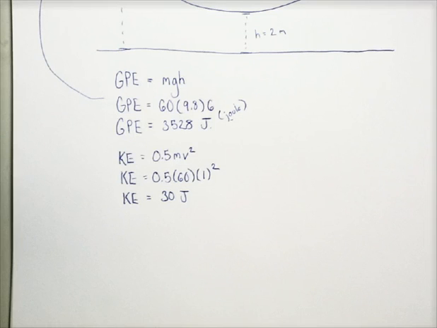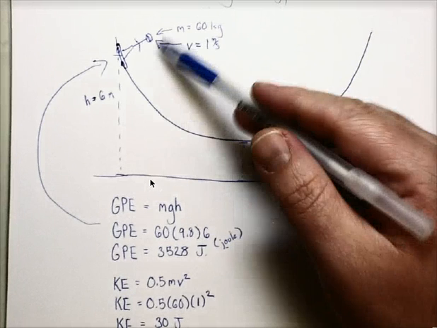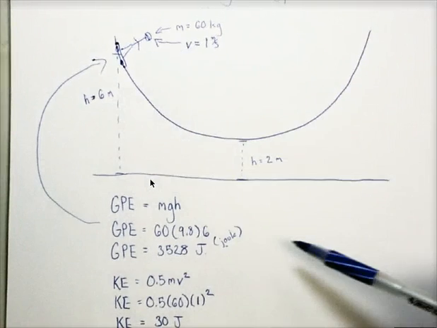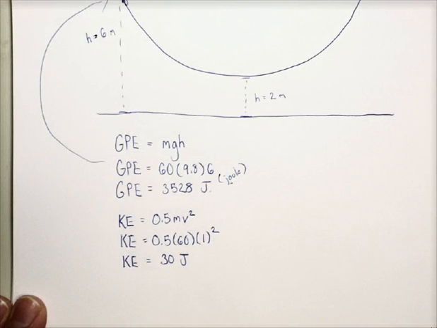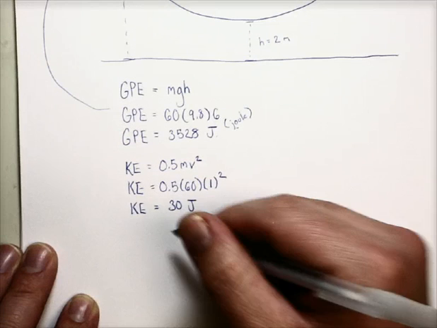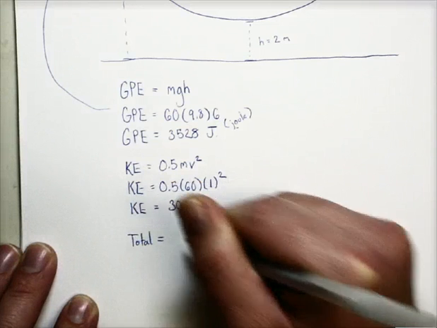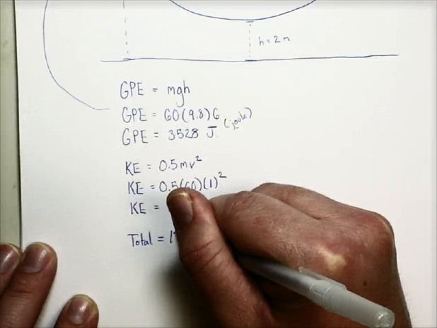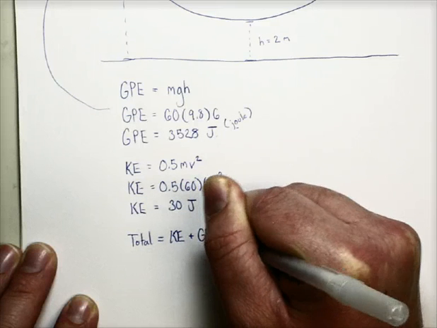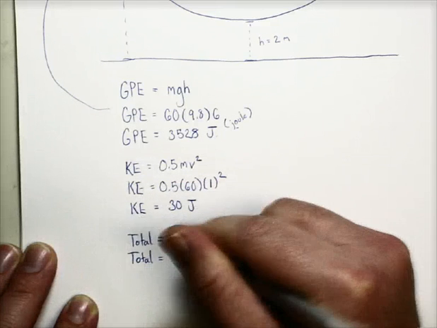Now what we can do is find the total energy of the skater at this point. To find that total energy, all we have to do is add the amount of gravitational potential energy to the kinetic energy, and I'm just going to write this here, that the total energy is equal to the kinetic energy plus the gravitational potential energy, and I'll rewrite that in equation form for you.